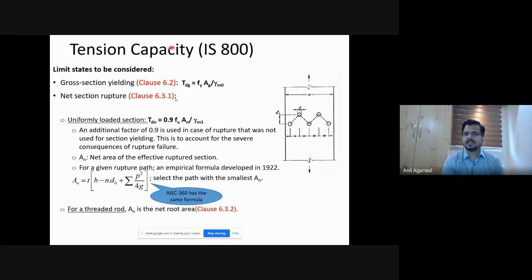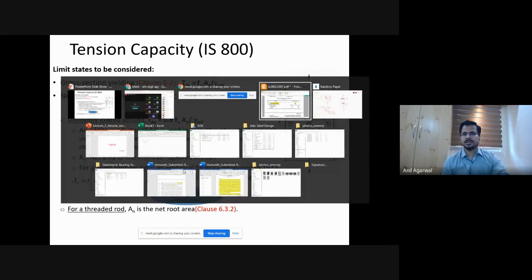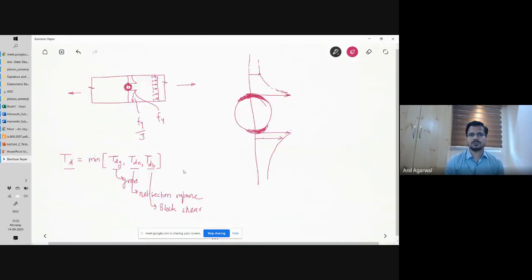So all this discussion that we are doing here is with respect to a section that is uniformly loaded, and it need not be a plate. The example I showed you here was for a plate, but it may also be an angle.